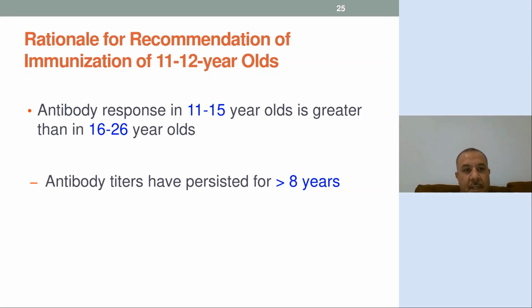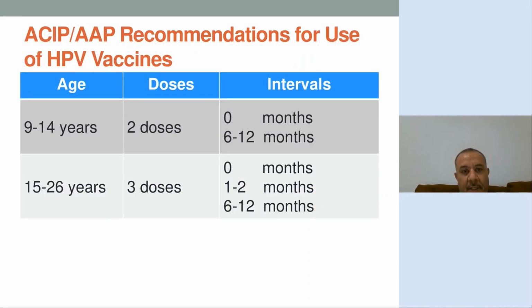Because they noticed that the antibody response is greater in the younger age than in the age between 16 and 26. Until now, the studies have reached 8 years, and some are more than 8 years, and all of them confirm that the antibodies persist. So if any child was vaccinated, the antibodies will stay protective for more than 8 years, and the recent studies are talking about more than 8 years.